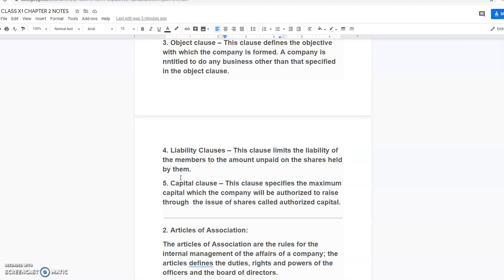Now what is this liability clause? Dear children, when a company issues shares, it never calls the full money from its shareholders. For example, if the value of one share is 10 rupees, it is called by the company in different installments: for example, application, allotment, first call and second call. It is mandatory for the company to get application money.